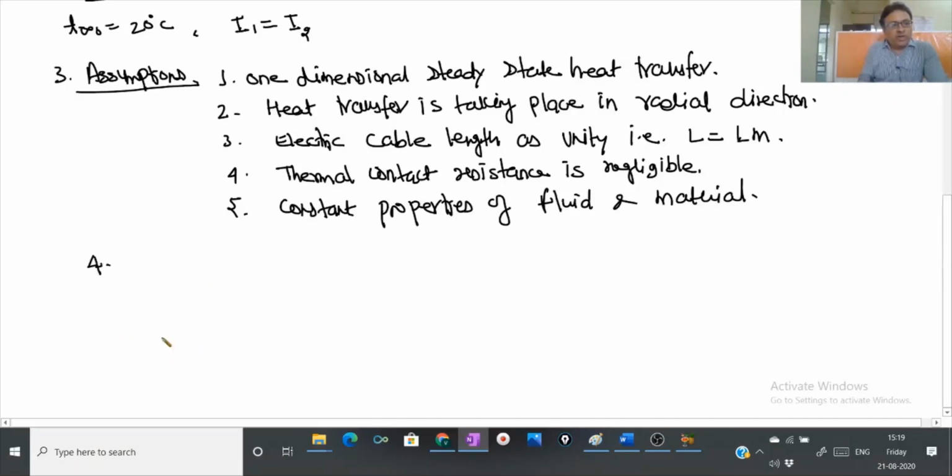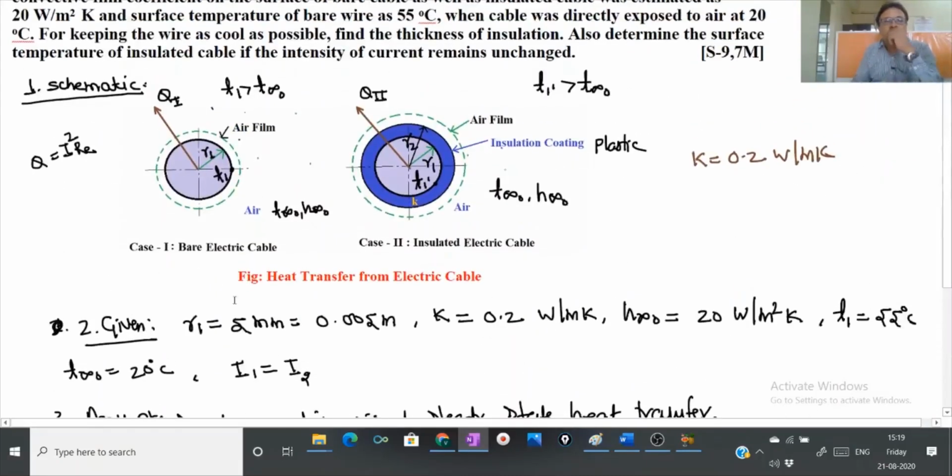What you are supposed to find out: for keeping the wire as cool as possible, find the thickness of insulation. Also determine the surface temperature of insulated cable if the intensity of current remains unchanged.